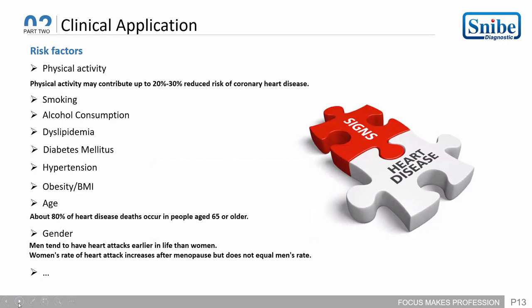So, if we talk about the risk factors, the early signs and their analysis are important to avoid any heart disease or sudden myocardial infarction or cardiac heart failure. Physical activity contributes up to a 20 to 30% reduction in coronary heart disease.